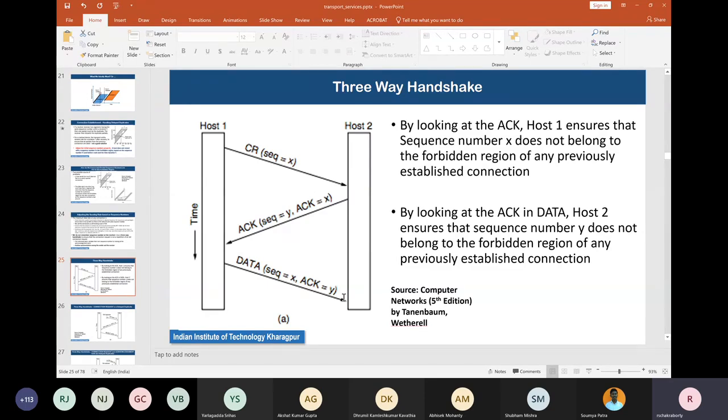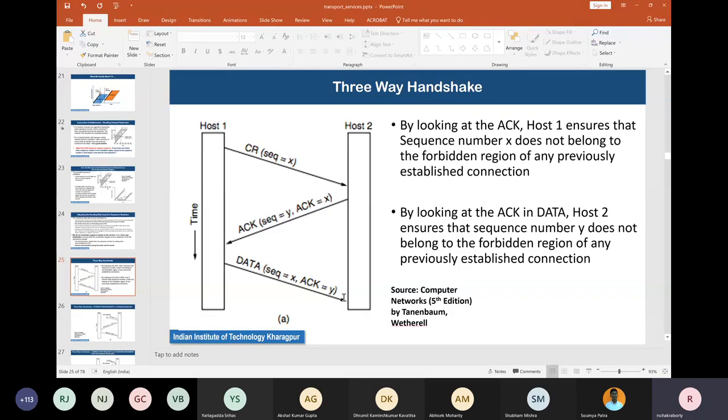I'm trying to explain this protocol, so please pay attention. In this situation, again, vertically downwards is the time axis. There are two computers, host 1 and host 2. Host 1 wants to initiate a connection with host 2. For this, it sends a special type of segment called a connection request segment to host 2.